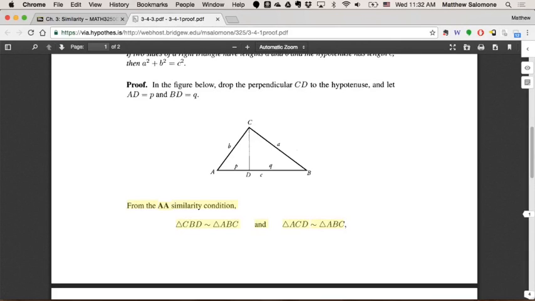What angles are we absolutely sure about to start things off? Give me one angle whose measure we absolutely know. CDA is a 90-degree angle. Likewise, CDB, 90-degree angle. Okay, so far so good.